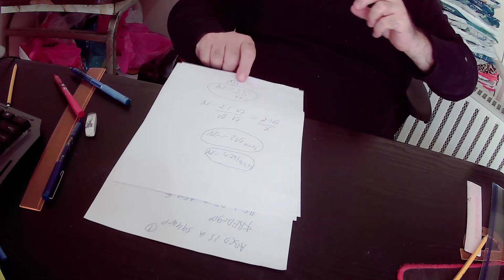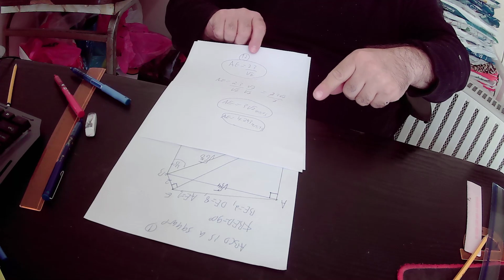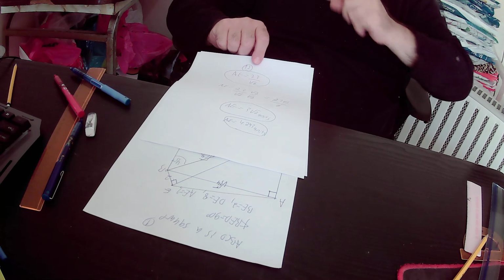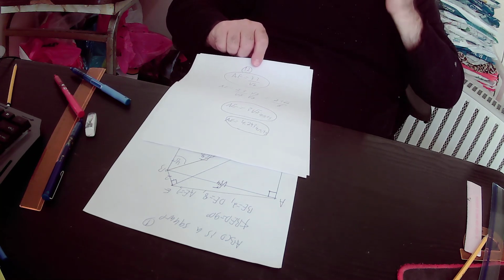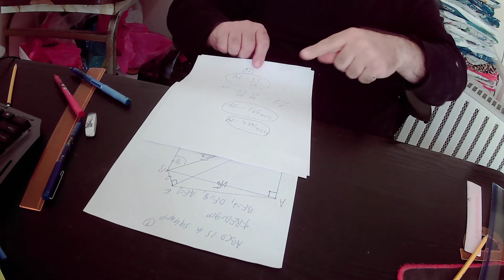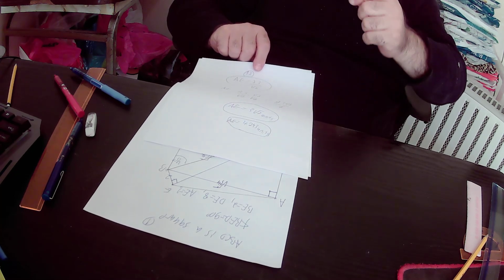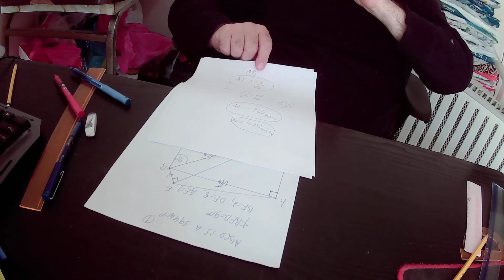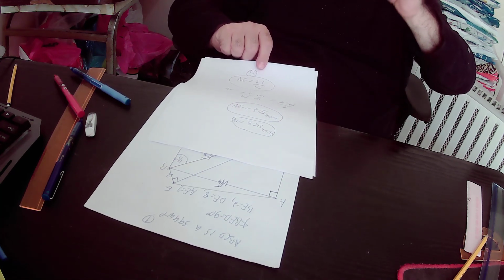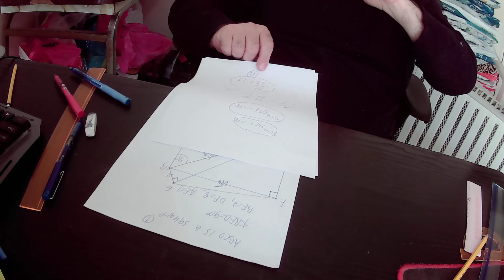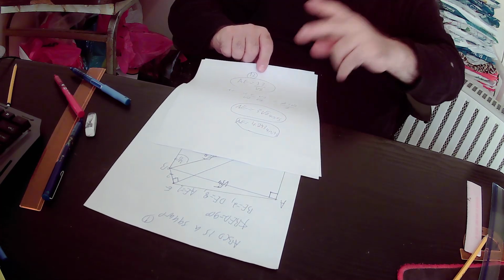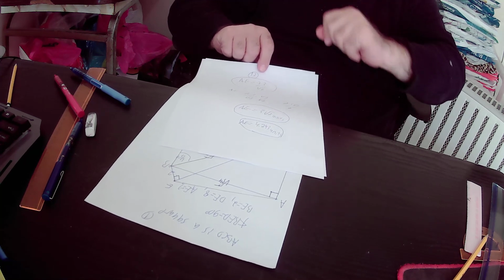I repeat again, AE equals 4.243 units, or it will be equal also to 3 times root 2 units. It is another way to represent the same result.